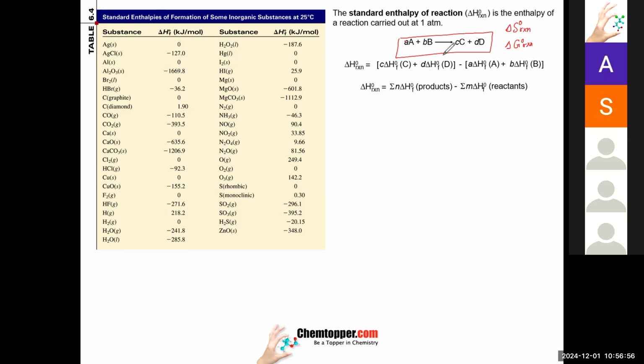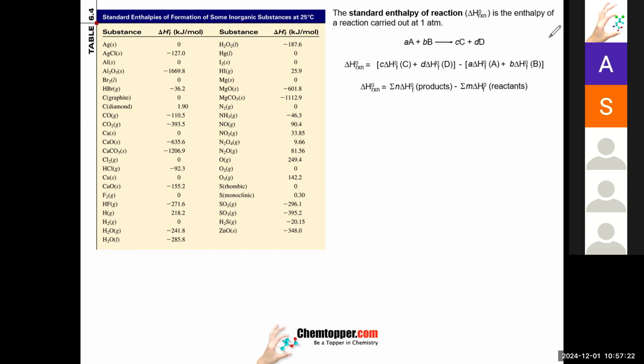So it is the sum of the formation enthalpies of the products, final state, minus the formation enthalpies of the reactants. You have to take care of the coefficients. This is the coefficient of the balanced equation. You multiply your delta H naught formation by this coefficient.